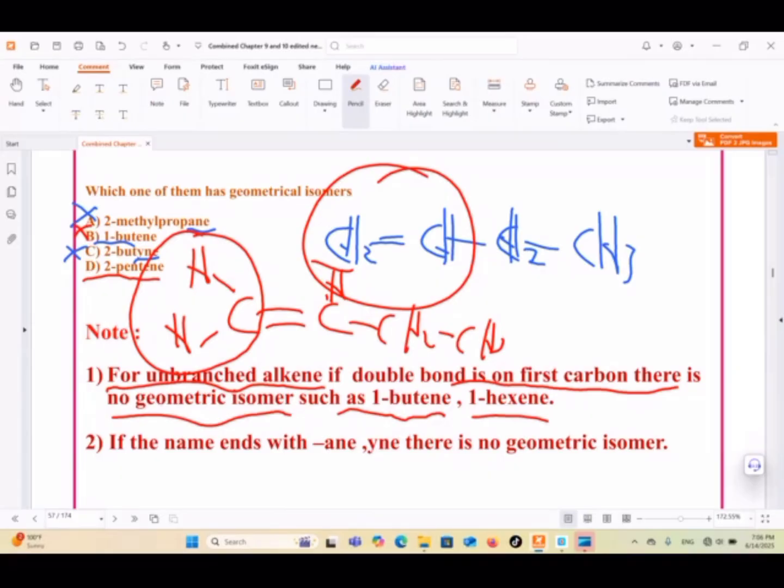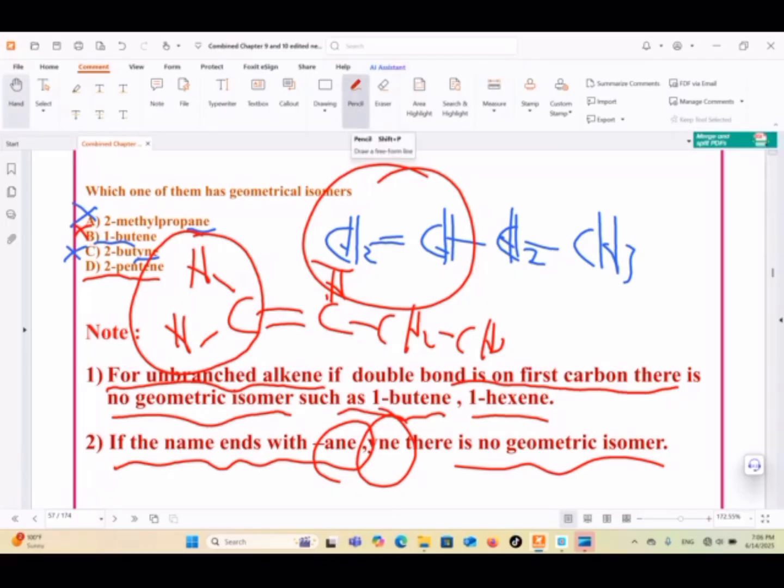If the double bond in straight chain alkenes is on the first carbon, it won't form a geometric isomer. Just keep that in mind as a note. And we have mentioned that those ending with ane and yne have no geometric isomer. We can cancel them out, because they won't be able to form a geometric isomer.